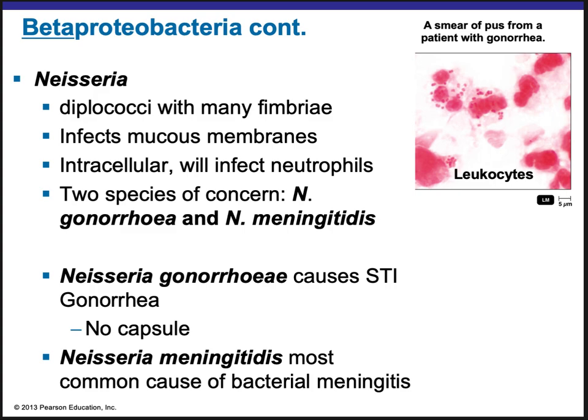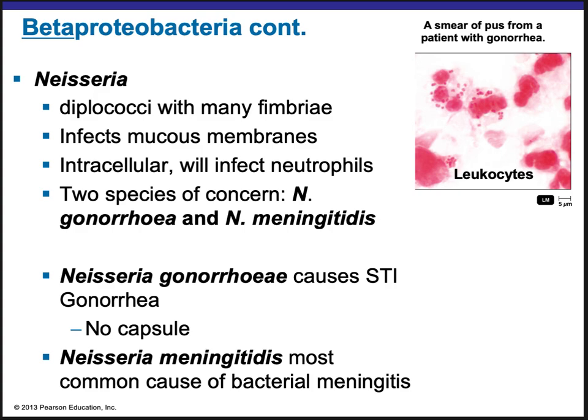Okay, beta Proteobacteria still. Our last example is Neisseria. And we're going to look at 2 species of Neisseria, and you do need to know both of these species and all the specifics, and I guess that would be pretty obvious because I have slides devoted to each of them.